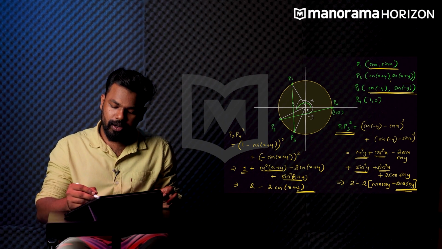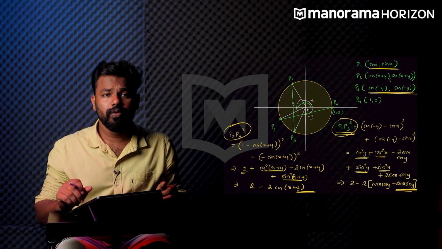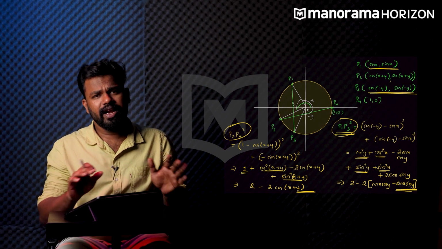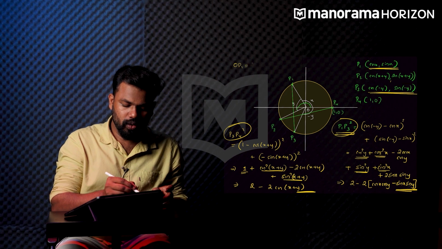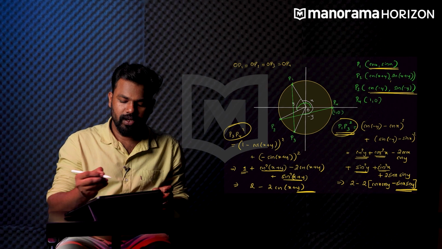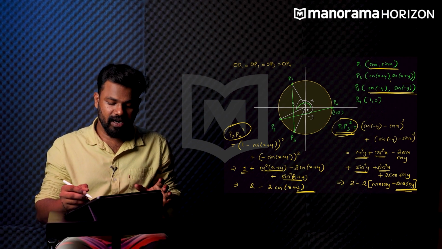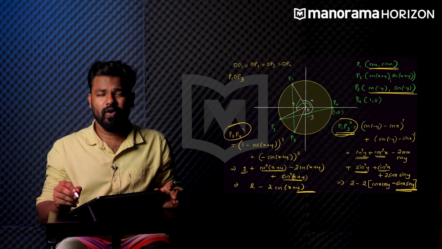So I got P1 P3 the whole square. Now I have P2 P4 the whole square. What should I do with these two? You know that since this is a circle, all the radii will be equal. That is OP1 will be equal to OP2, equal to OP3, equal to OP4. And also the angles covered in the circle inside the triangle. I'm just not going to prove congruency over here.